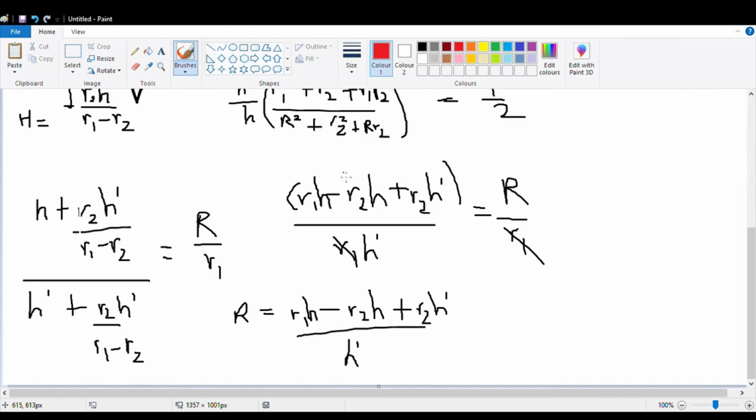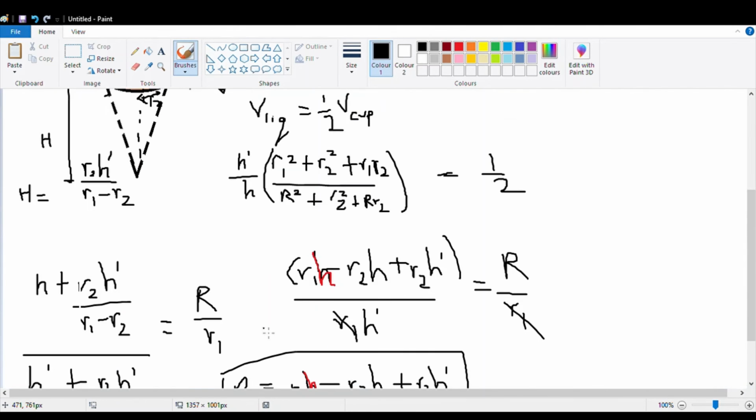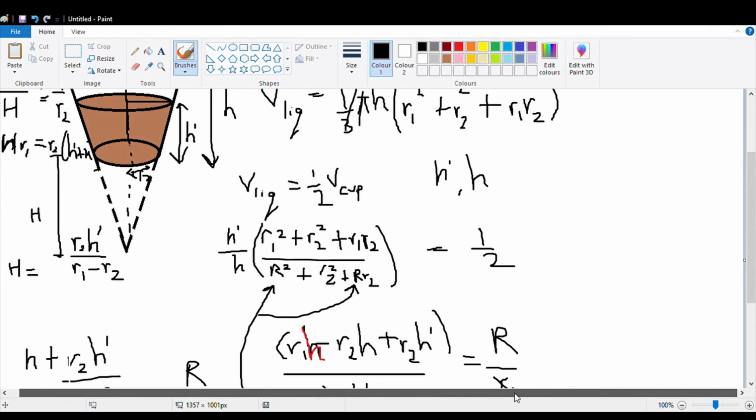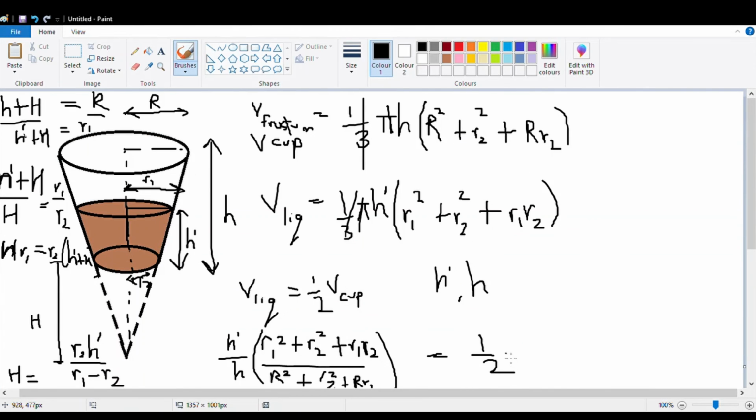The way to solve this is pretty simple: you take this expression for R and plug it into this relation instead of R, and you should get some relation between h dash and h. That can be left as an exercise to the reader.